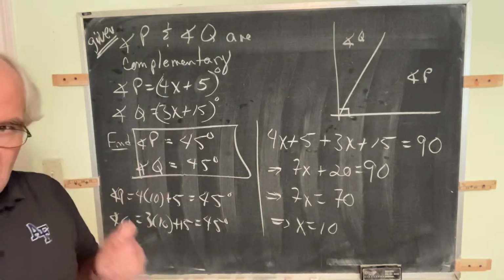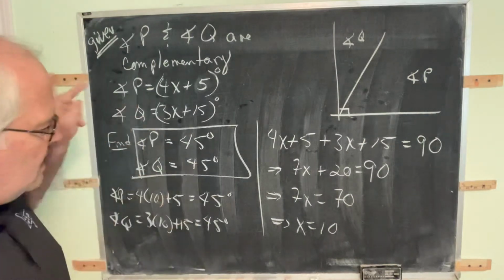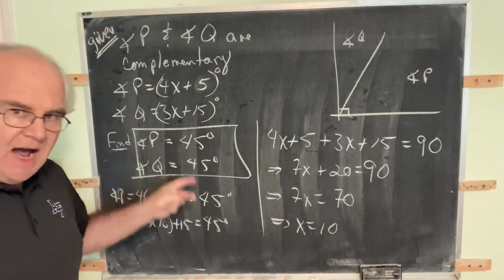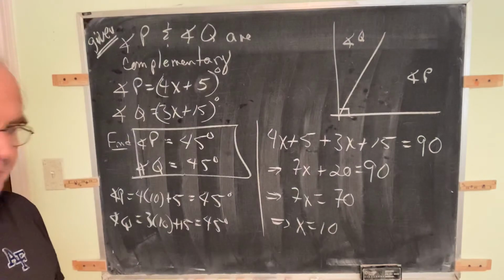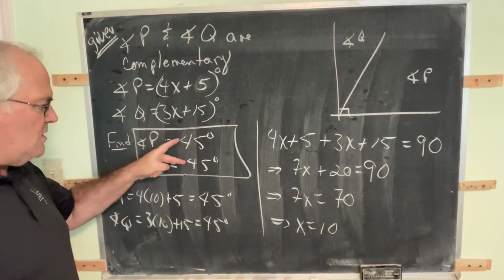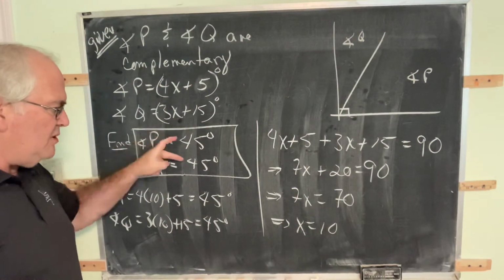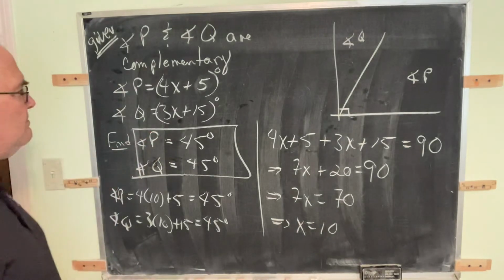Again, if you do not have the degree symbol, this is not going to get full credit out of me. So anytime you have this final result, if it is in degrees, you must put the degree symbol, right?